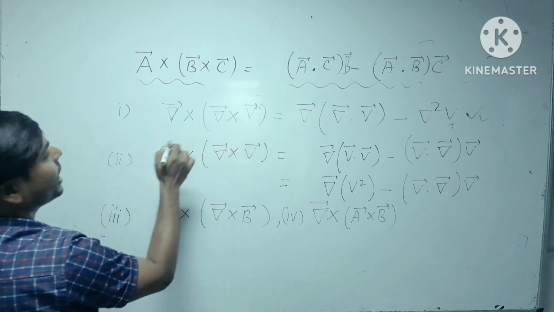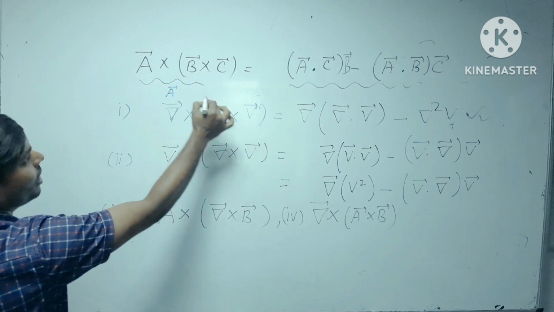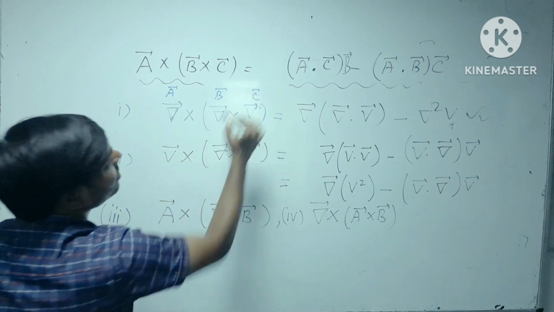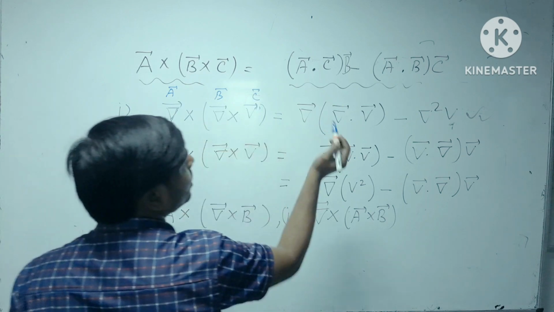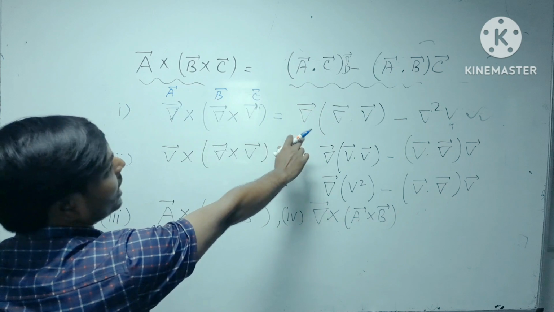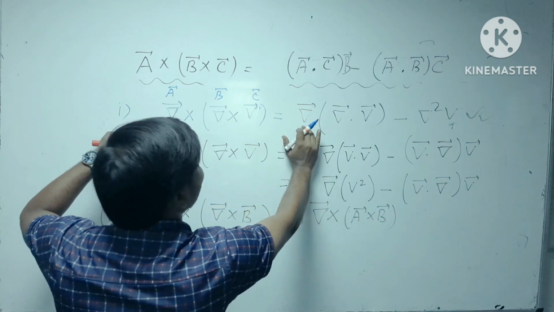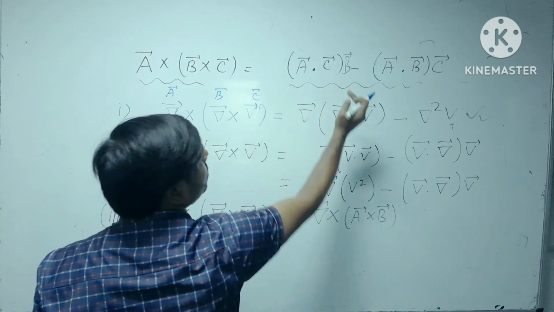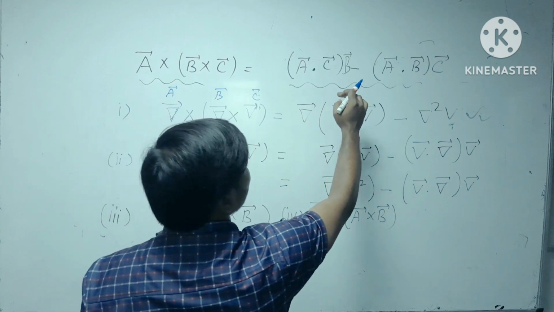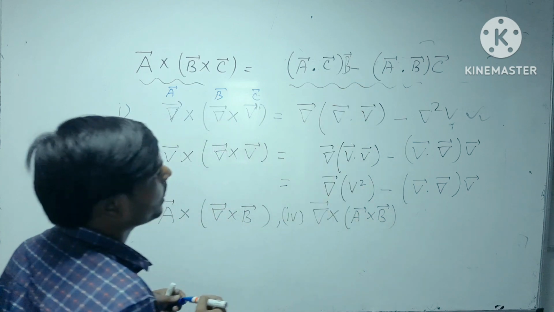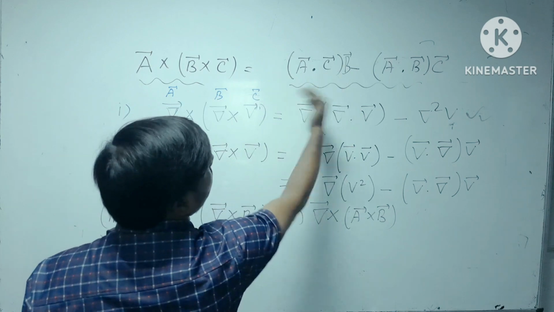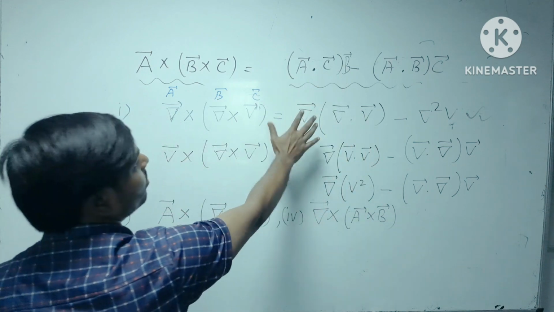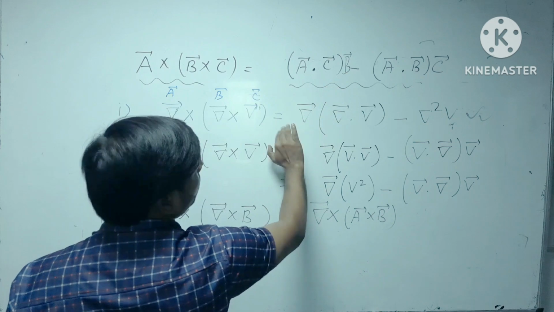For curl of curl of v, we can think this is the a vector, this is the b vector and this is the c vector. So we can use this: in this case we can think this is BAC, so this is b. We can take b here or on this side, but here we have to take b in front.